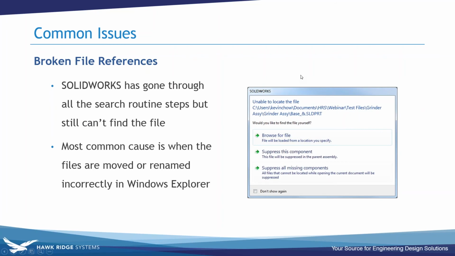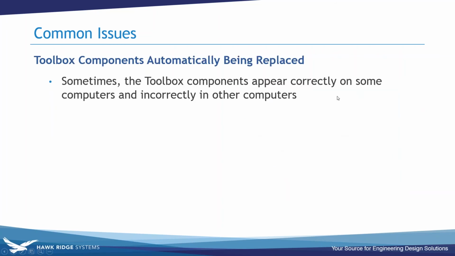The next issue I want to talk about is when toolbox components are automatically replaced. A symptom of this is typically when one user opens up the assembly and it looks fine, all the toolbox components look as they're supposed to. Then another user opens up the same assembly, and all of those toolbox components look incorrect.